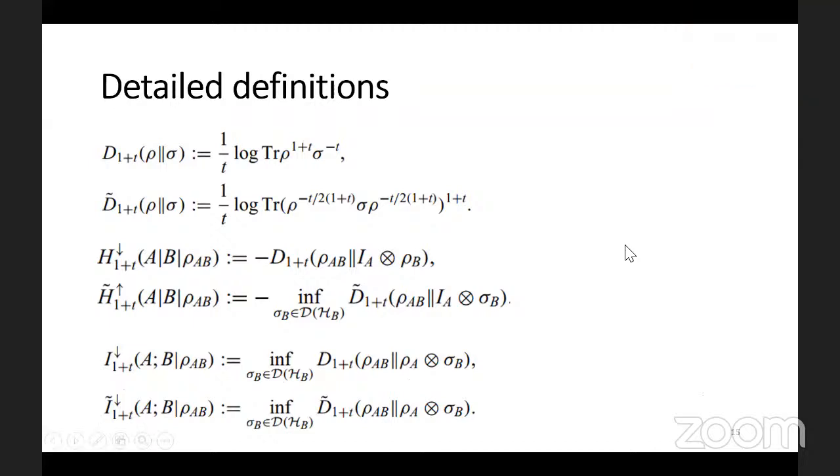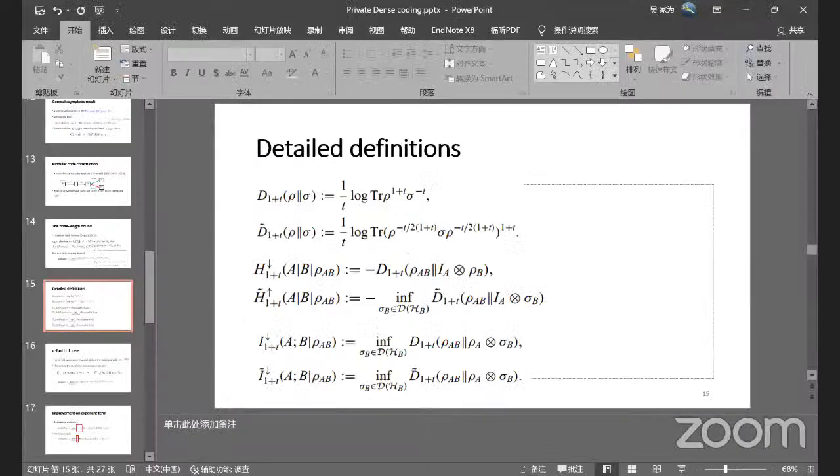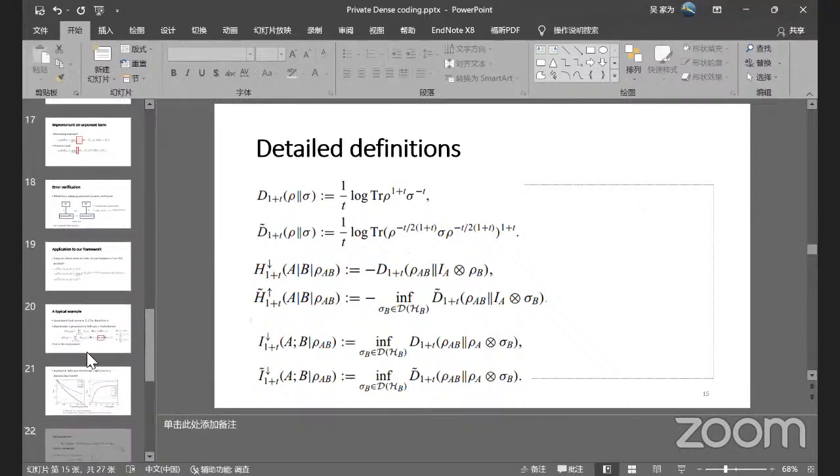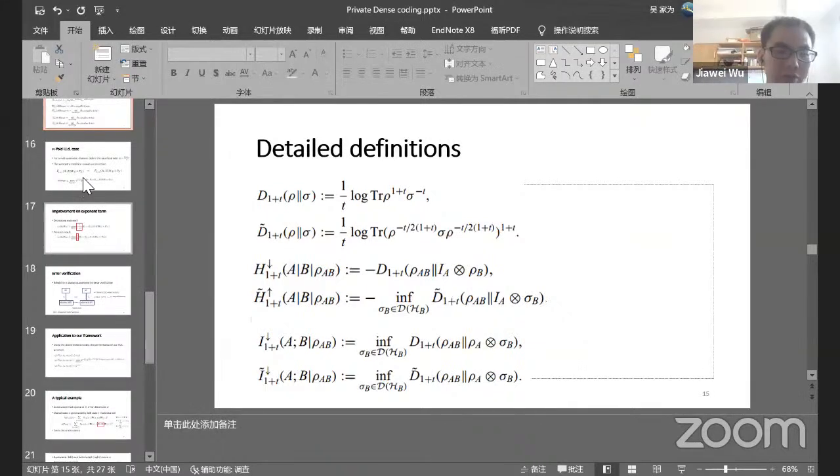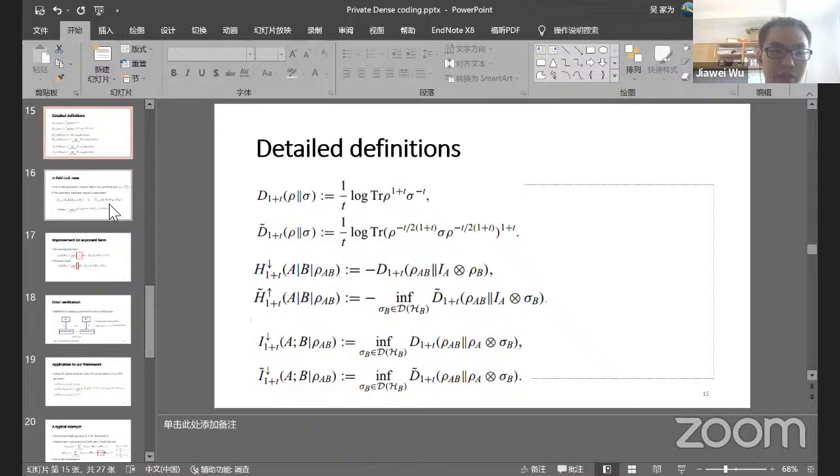Can I ask a question? I wonder whether the rate is relevant to the shared tripartite state tau ABE. You mean how the rate is related to the pre-shared state?